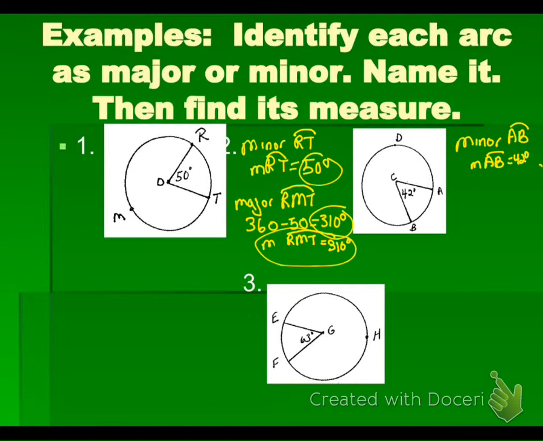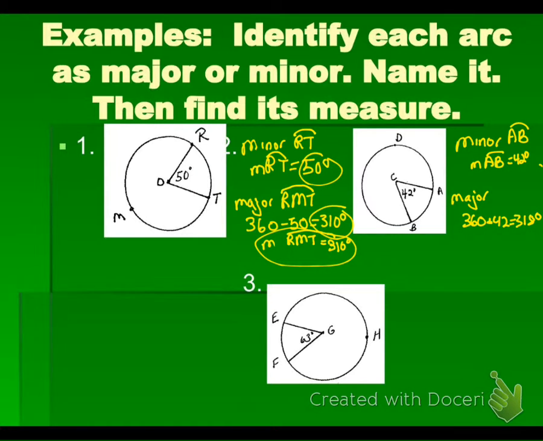We have our next one. I'm sorry, what's it going to be? It's going to be 318. And how do we name that? So we got 318. He did 360 minus 42. So that gives him 318.